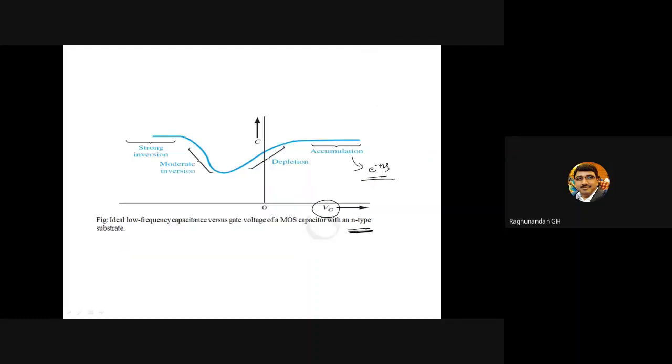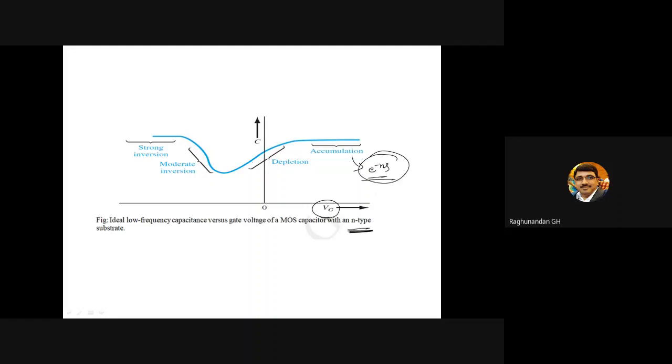Accumulation charges are usually the majority charges. So in N-type substrate, the majority charge carriers are electrons. So when you apply positive gate voltage, electrons start accumulating, and that forms an accumulation layer.